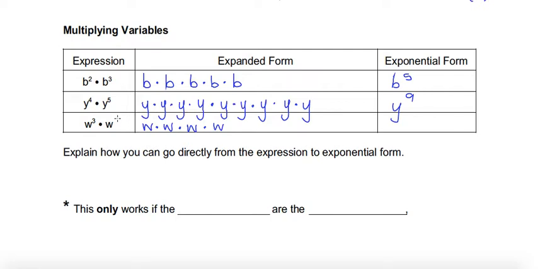This is like an exponent of 1 being written there because it's only one w. That's a way for you to represent a value in exponential form when there is no exponent there. So now I have 1, 2, 3, 4 w's. So I can write this as w to the power of 4.